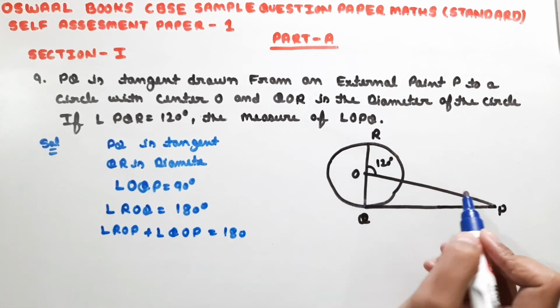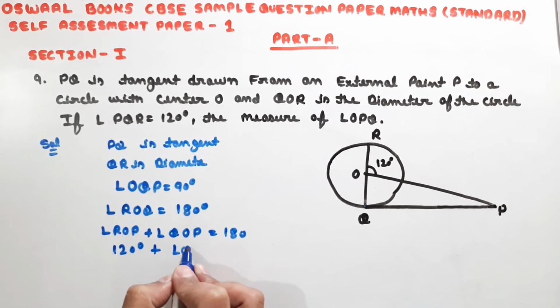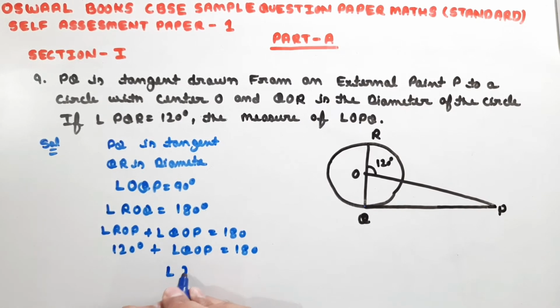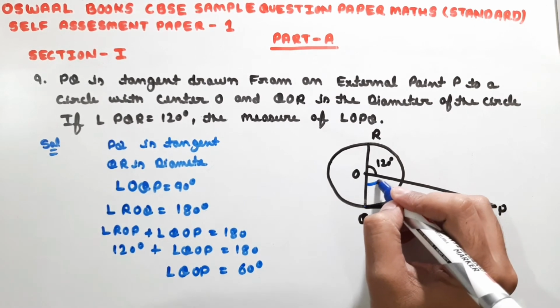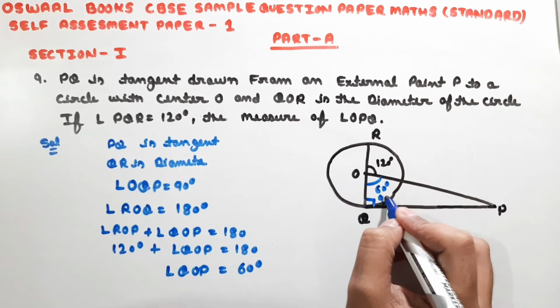Angle ROP is 120 degrees plus angle QOP equals 180 degrees. So from here angle QOP will be equal to 180 minus 120, that will be equal to 60 degrees. So this angle is 60 degrees, this is 90 degrees.